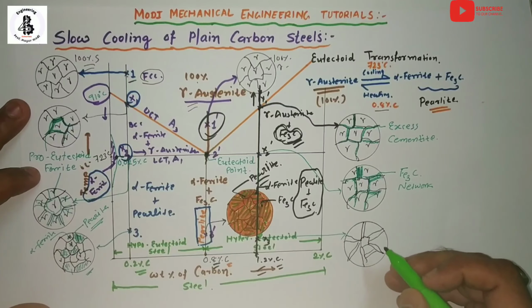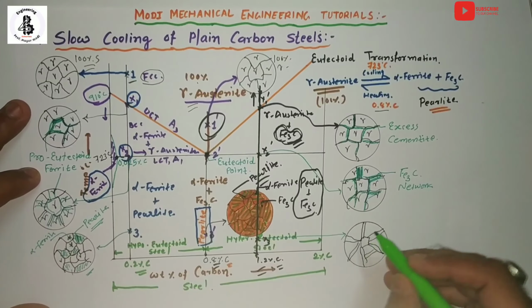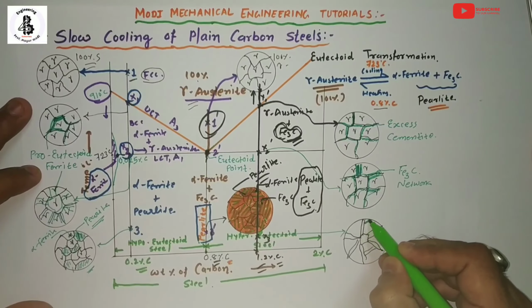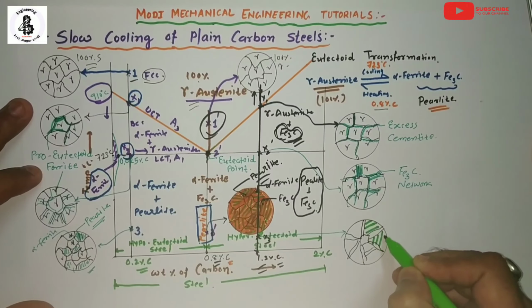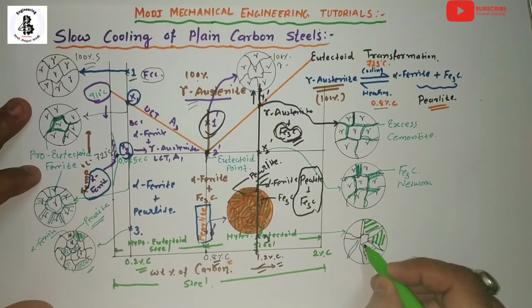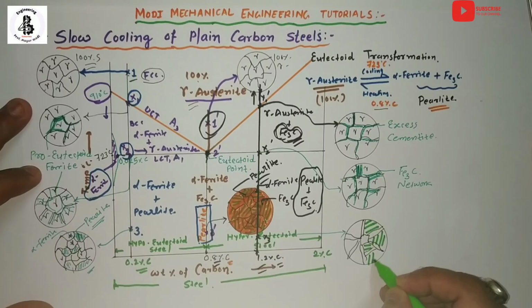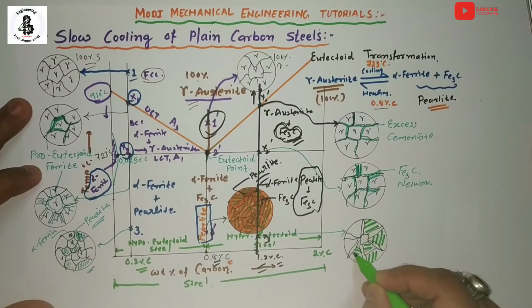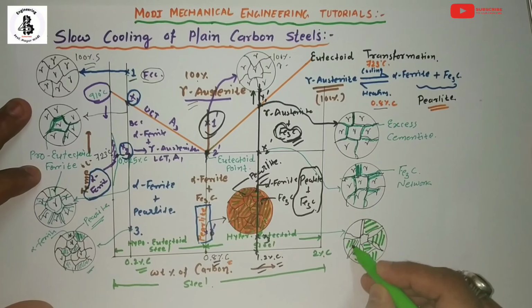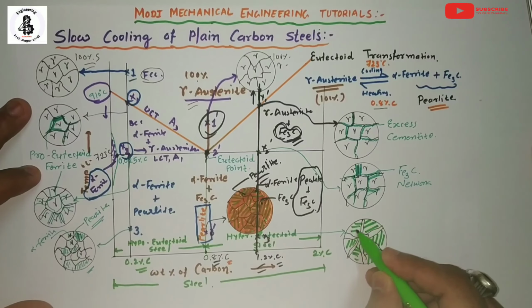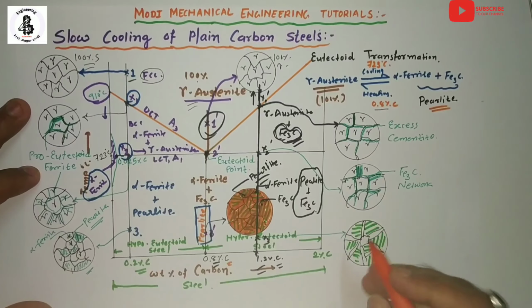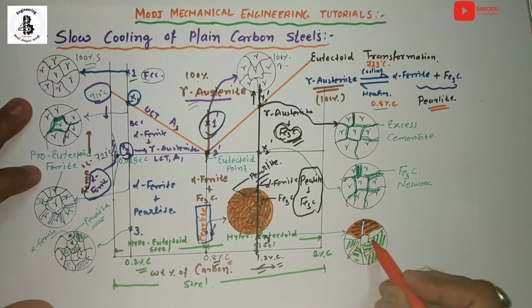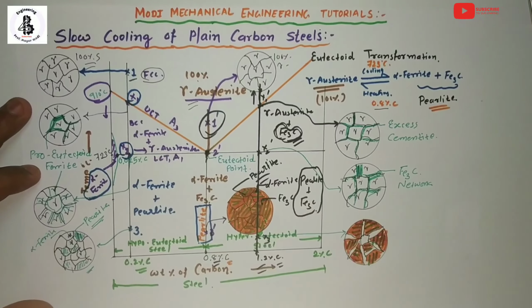So basically the pearlitic structure is the proper mixture of alpha ferrite and cementite. So in these regions there will be the formation of the pearlitic structure, and around the boundaries there will be the presence of cementite. So basically you can find the microstructure at room temperature for 1.2% carbon.